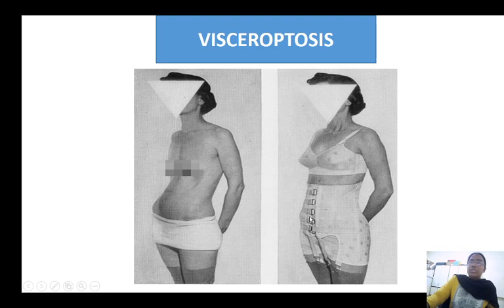When the tonicity is lost, the lower abdomen bulges in this way, and we may mistake it for abdominal or ovarian tumors. So we should exclude those. It might be because of weakened tonicity of the anterior abdominal wall. This is called visceroptosis.